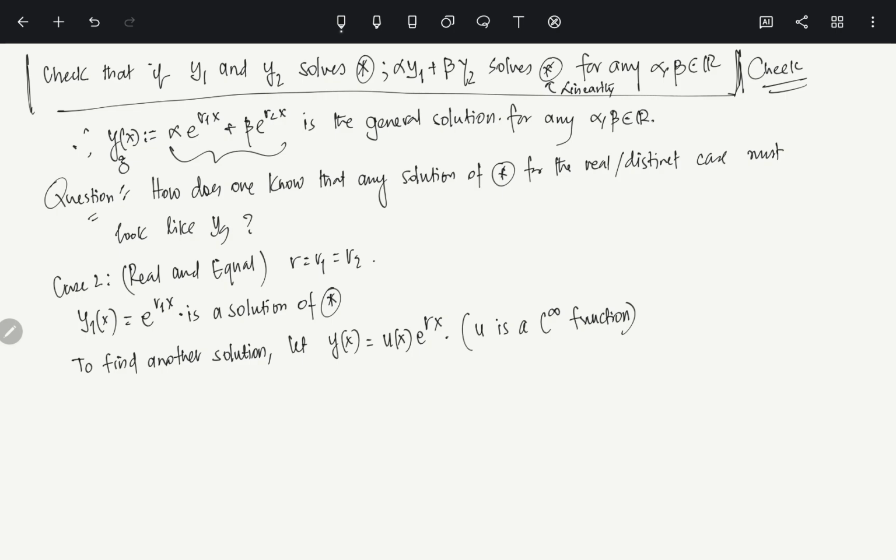If that is the case, then y, y prime and y double prime you can actually calculate, and that will satisfy the equation. So let's put it together.